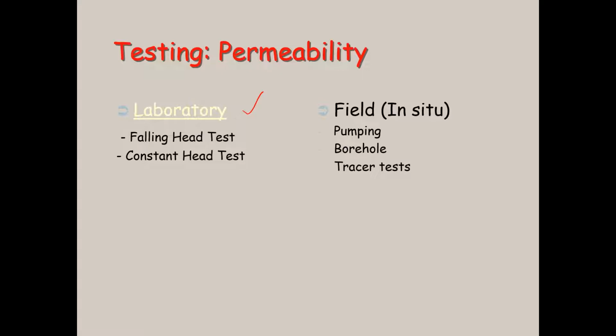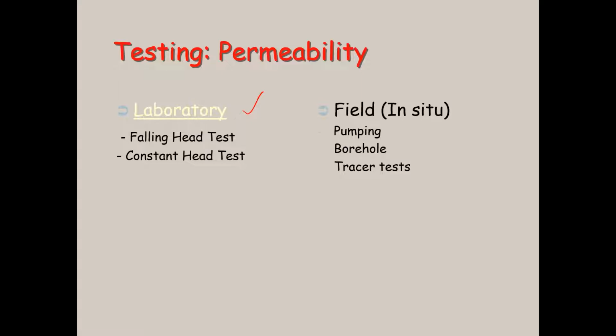If you want to know further about methods carried out in the field to determine the K value, which is the permeability value, you can just Google or search YouTube, or refer to any reference book on field testing.